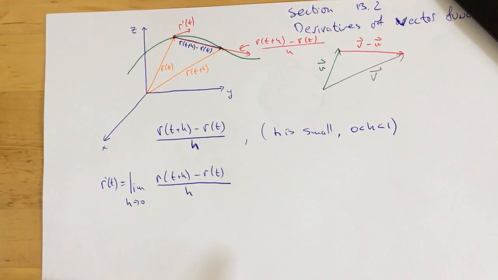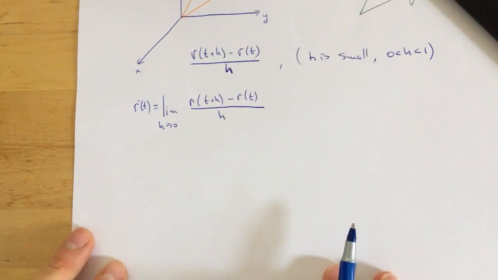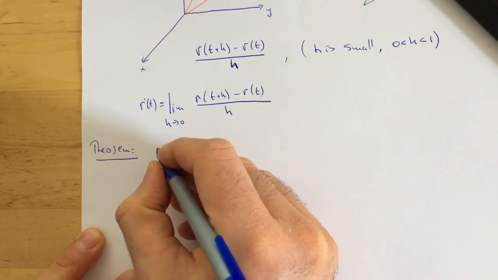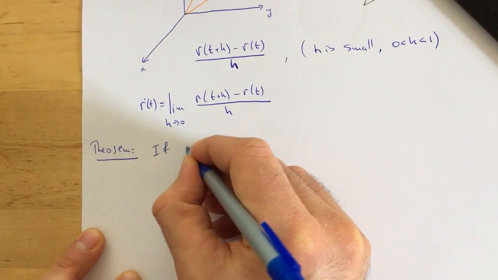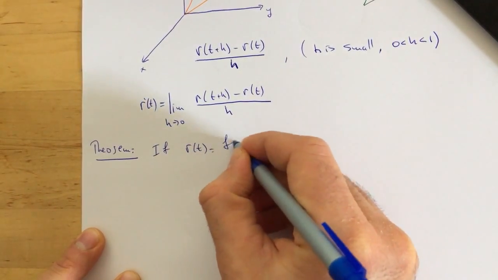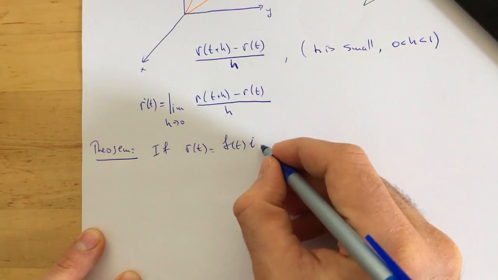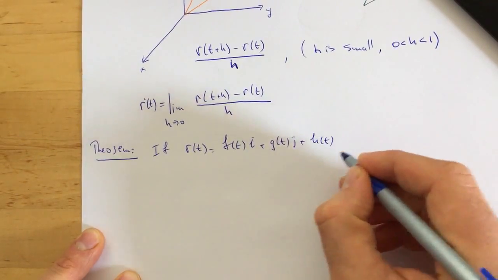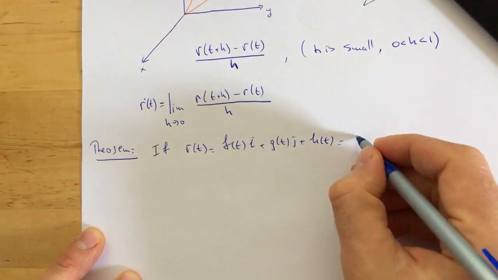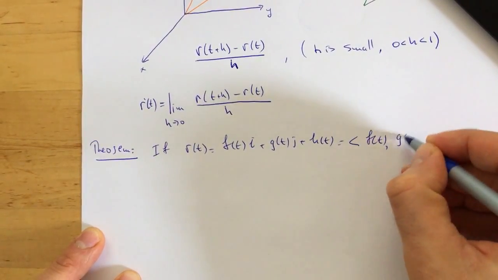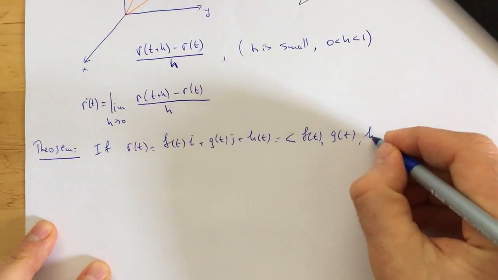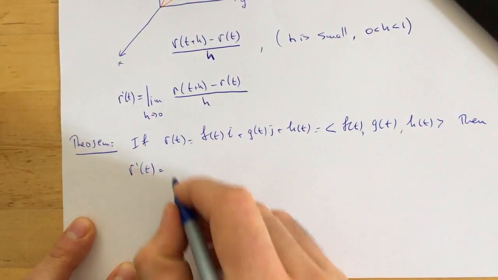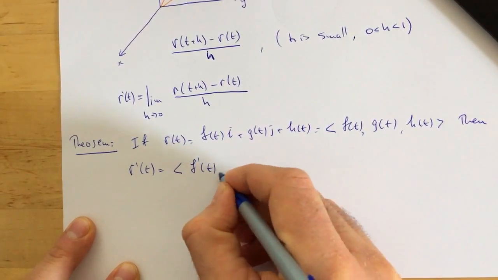Okay, so at this point I want to give you a theorem. For any vector r of t defined with components f of t, g of t, and h of t, or simply using this notation, r prime of t is equal to just the derivative of each component.